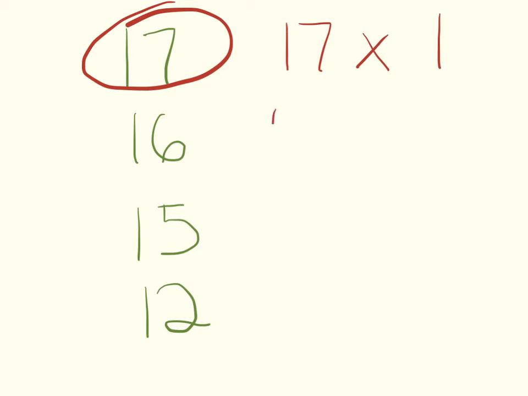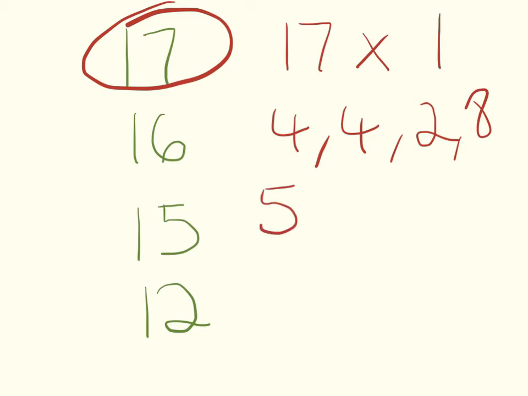If you look at 16 here, it's got 4 and 4, 2 and 8, 16 and 1. 15 has 5 and 3, and 12 has 3 and 4. So prime numbers, and this is a key part, are only numbers that have as their only factors itself and 1.